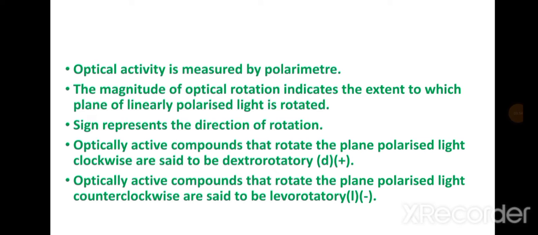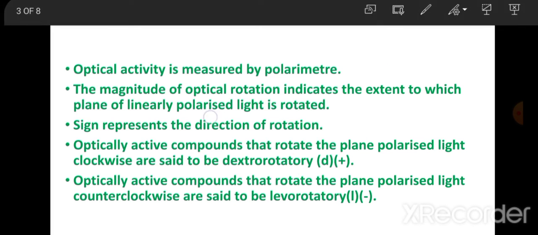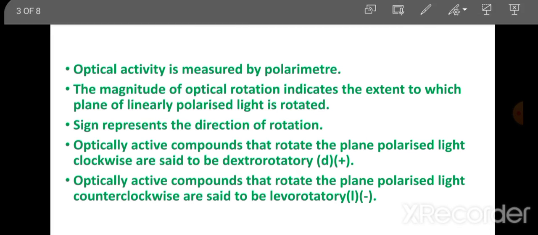Optical activity is measured by a polarimeter. The magnitude of optical rotation indicates the extent to which the plane of linearly polarized light is rotated.